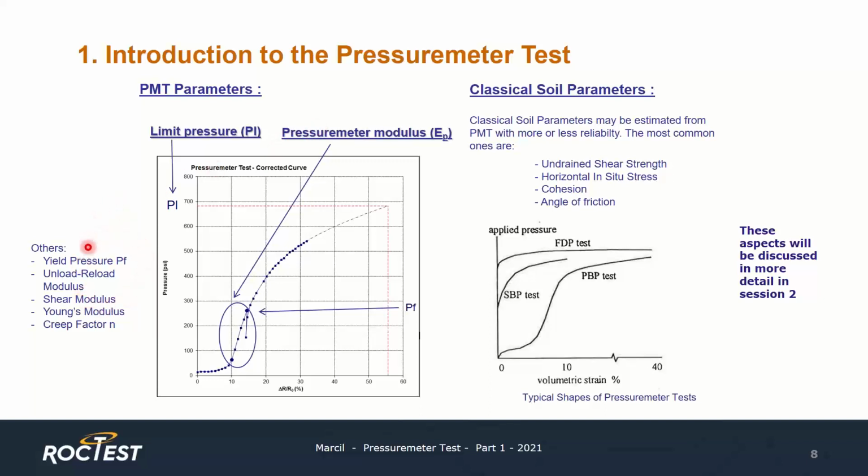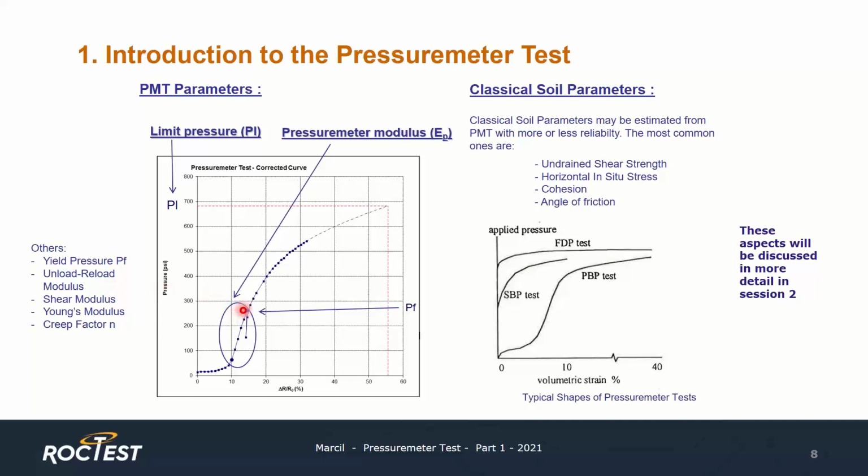The other parameters that can be obtained from a pressure meter test are the yield pressure, PF, that we see here. That is the moment where we see an apparent yielding of the ground. And there are other modulus that can be measured also.